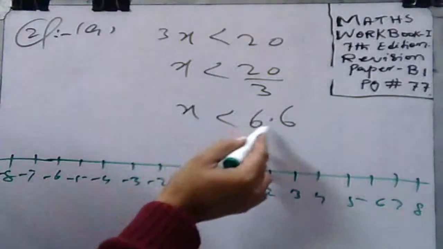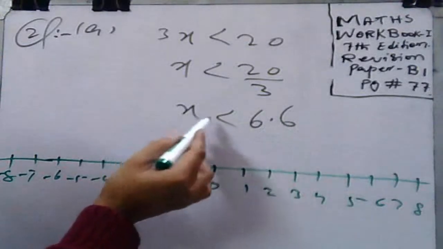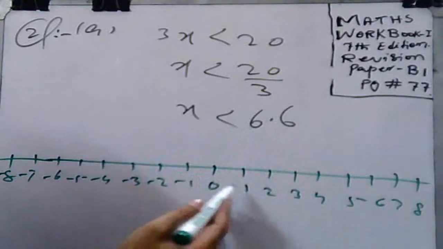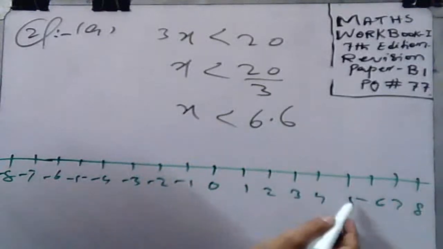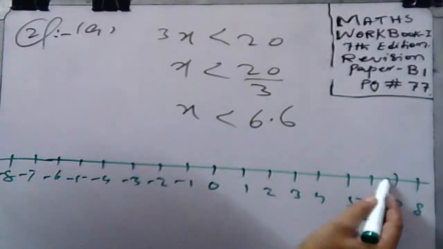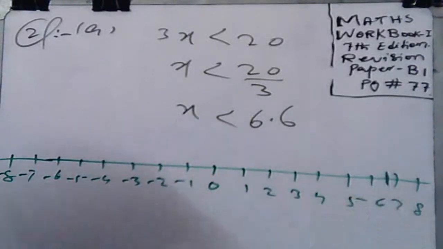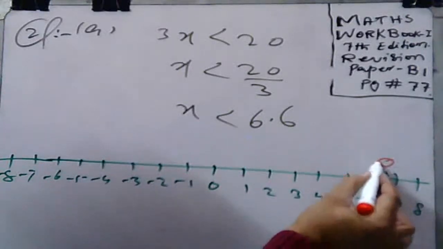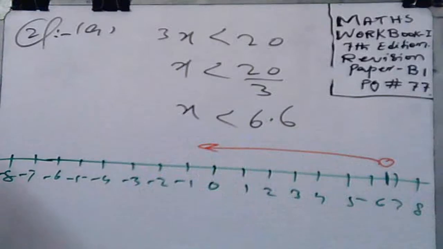So x less than 6.6. It means here is 5, and 6.6 is up to here, so that is your 6. It means x is less, so starting from here, less than 6.6. So the arrow will be drawn like this.